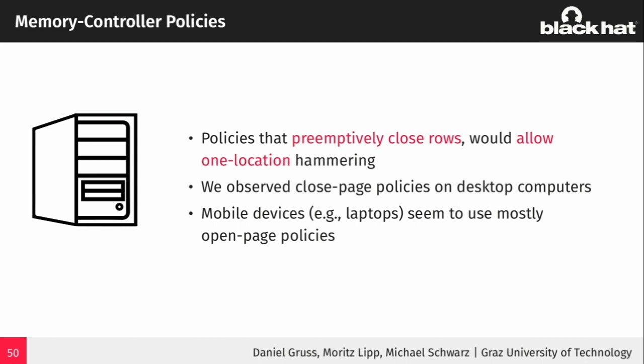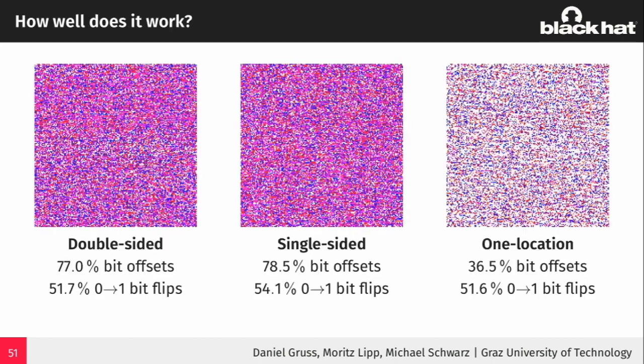So the question then is, how well does one location hammering perform? It performs worse than double-sided. Of course, double-sided is the best. It performs worse than single-sided, but still, we get a very nice distribution of bit flips across the 4 kilobyte range. This is a 4 kilobyte page split up into lines. Every dot represents 1 bit offset in the 4 kilobyte page.